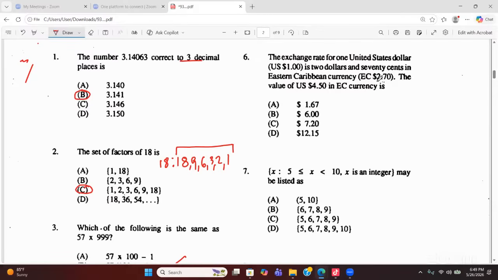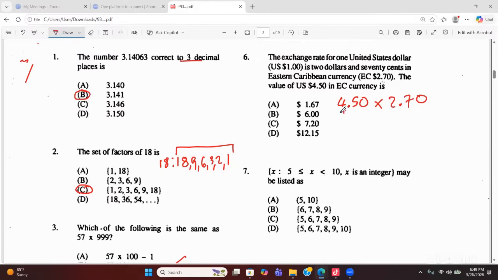So if you find yourself with $4.50 US, definitely you're going to multiply by 2.70. The thing is with a multiple choice question, not every time you're going to do the hard work. You observe this number.